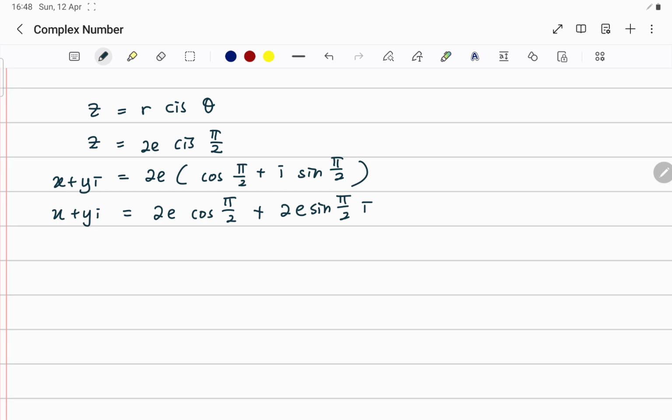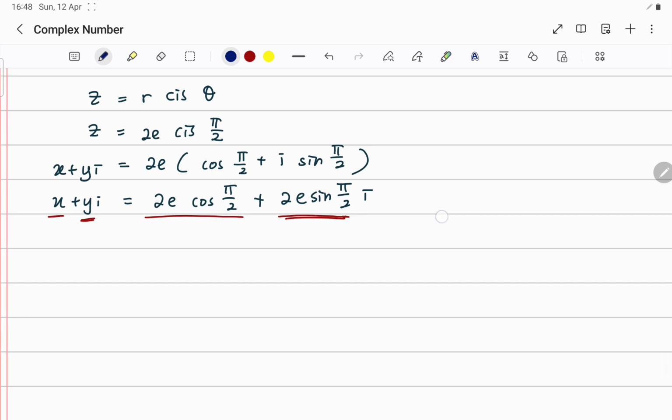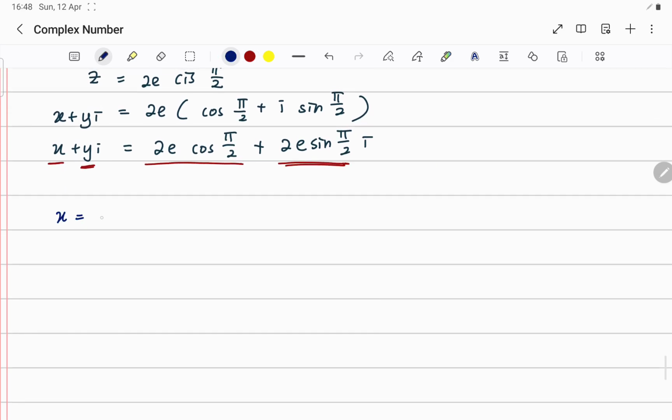Then from here you can compare the components of x and y. For component x it is 2e cos pi over 2, and for component y it is 2e sin pi over 2. So x is equal to 2e cos pi over 2, which gives 0. And for y you get 2e sin pi over 2, which is equal to 2e.